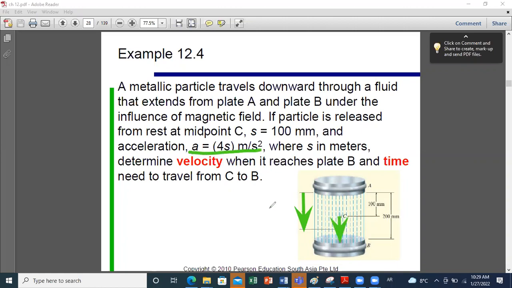So in this problem, s is positive down, a is positive, and since I'm moving downward, my velocity is positive because it's in the positive direction. Since both a and v are positive, I have acceleration. So v will increase from 0 as you move down. You are sure here that the velocity is not negative, it's positive. So you will select the positive solution.